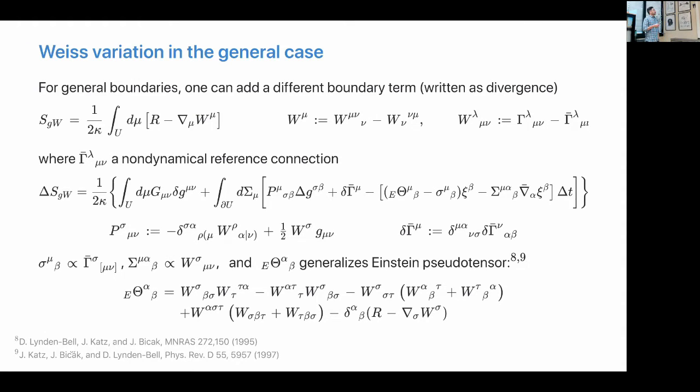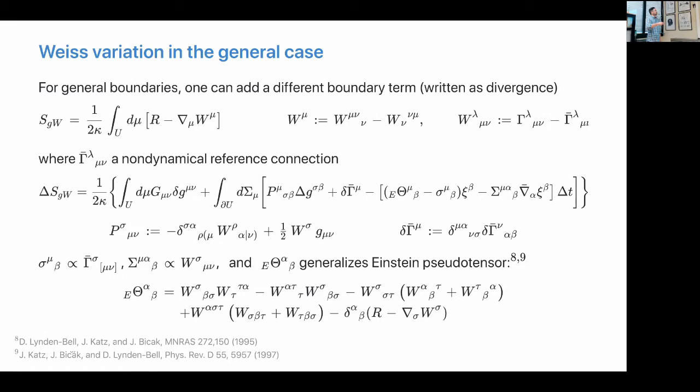So what happens? What you do here is you rewrite the gravitational action in a different way. First you define this quantity, which is the difference between two connections, or two Christoffel symbols, one for some reference geometry that doesn't appear in the bulk action, and one for the physical geometry. Of course, the difference between two connections is a tensor, and from that you can construct tensorial quantities.